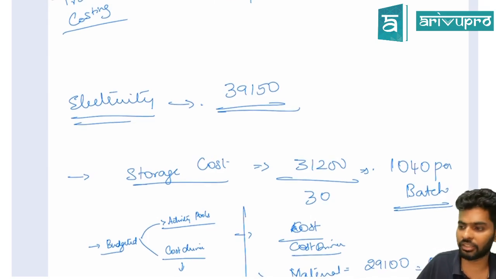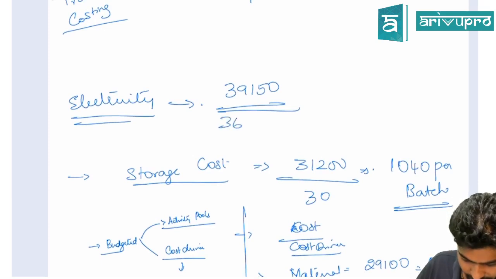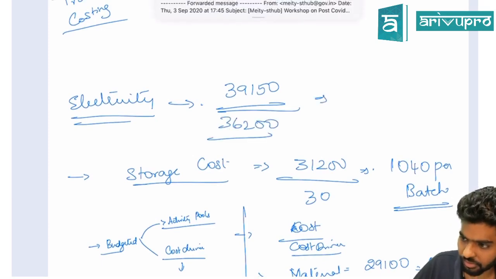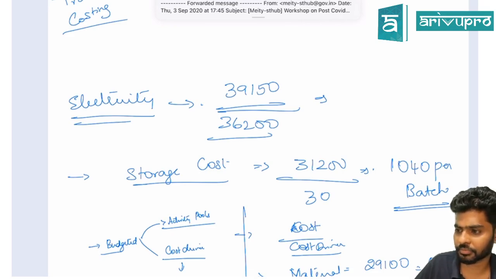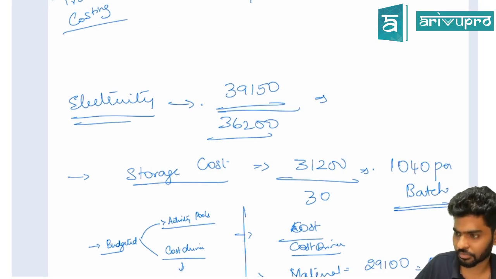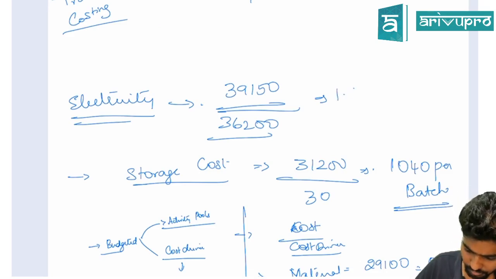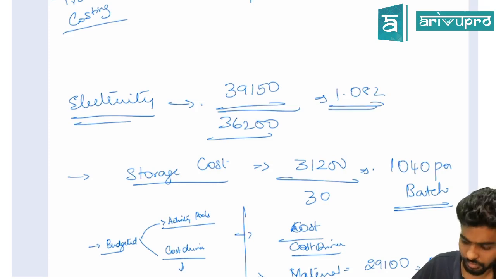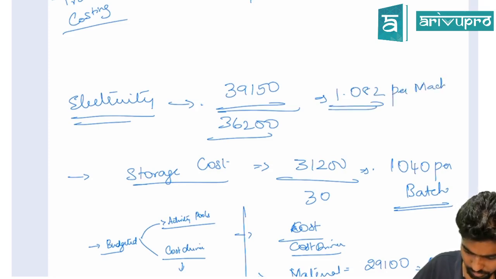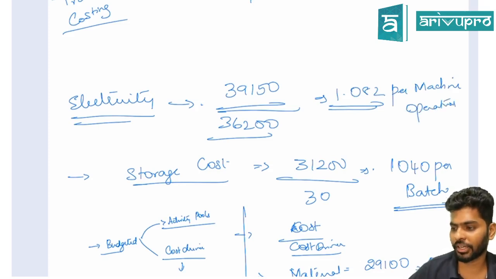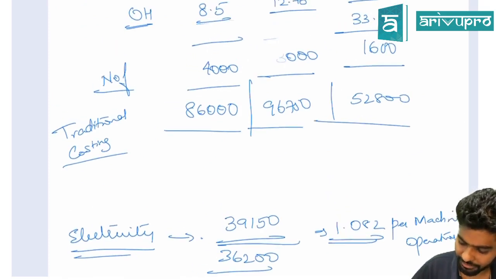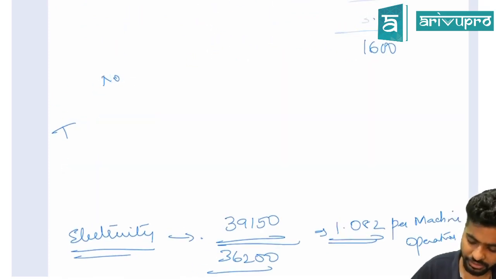So electricity will be 39,150 divided by 36,200, which is gonna give how much? Per machine operation. Are you clear? Are you guys clear? Now let me try putting it across in the cost format.